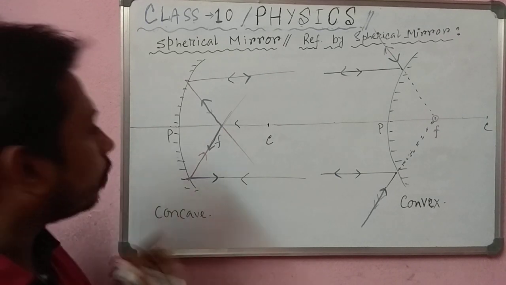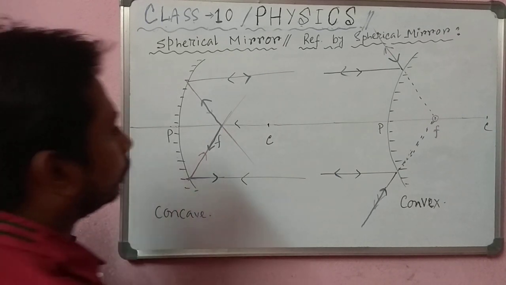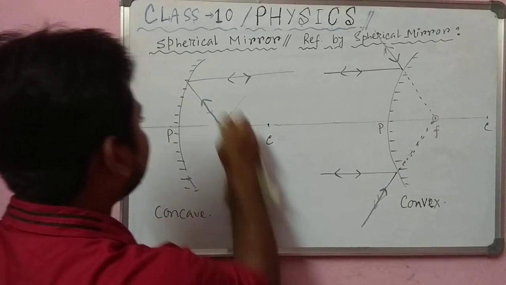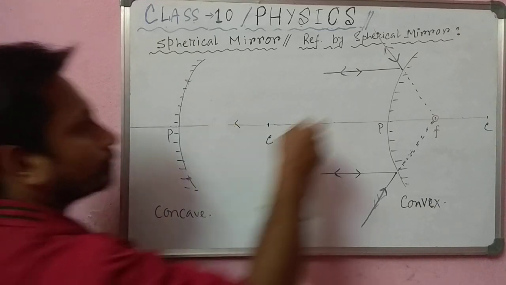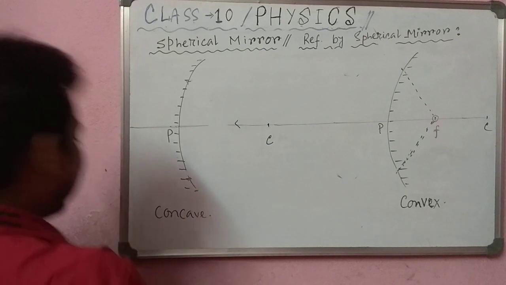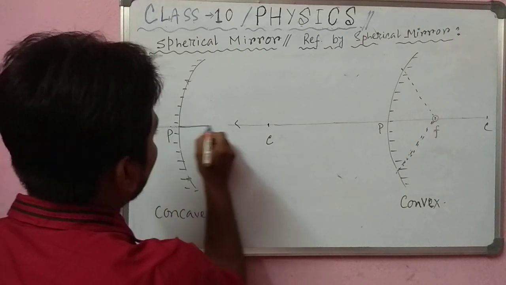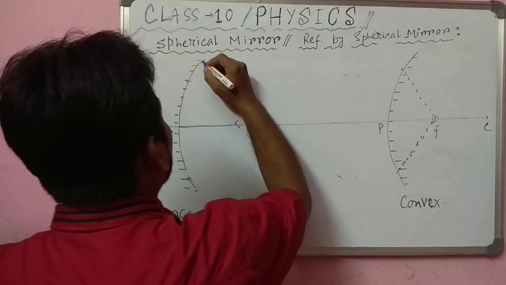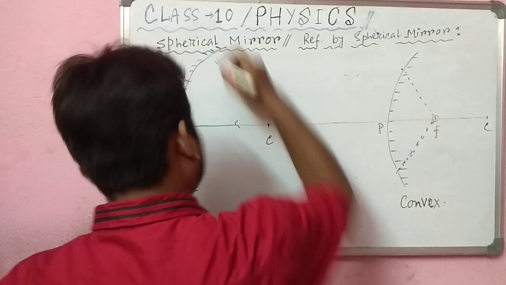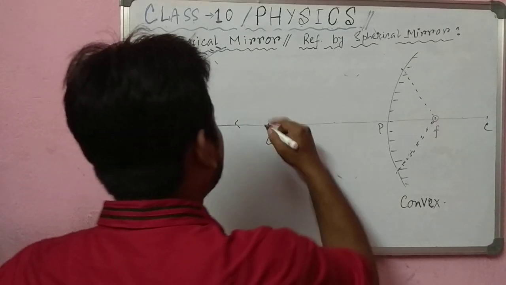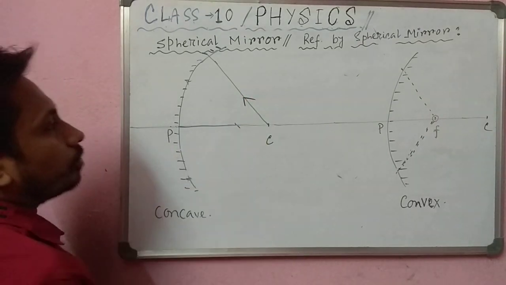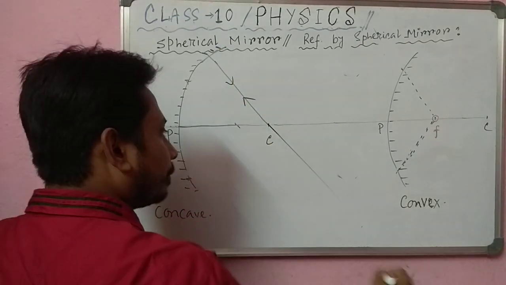Now student, what happens if the light falls through the center of curvature? So let's do it. Any light coming from the center of curvature, any light incident from the center of curvature, like this, always goes out in the same manner.